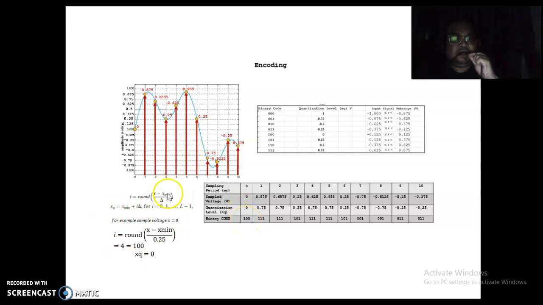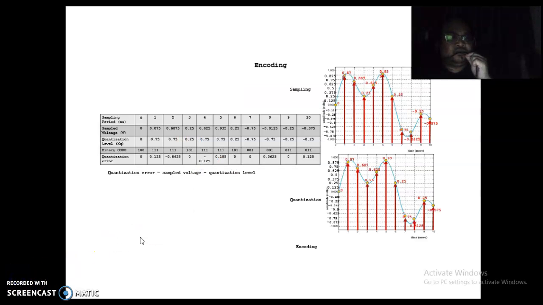So this is a quick method of getting the quantization level and binary code for a sampled voltage using this formula without creating the table. The table is for easy verification in assigning quantization levels, while this one is a quick way.